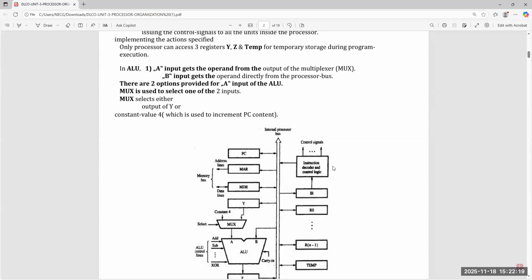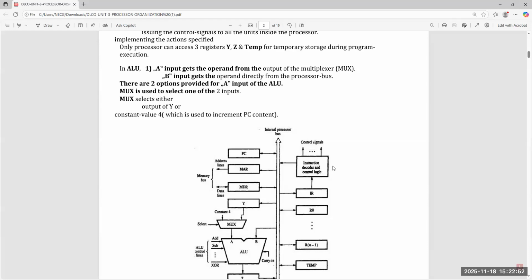One input is A, another input is B, where the A input comes from the output of the multiplexer. You can observe the multiplexer, named MUX, has two inputs.